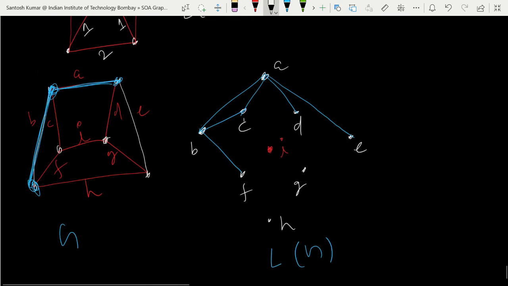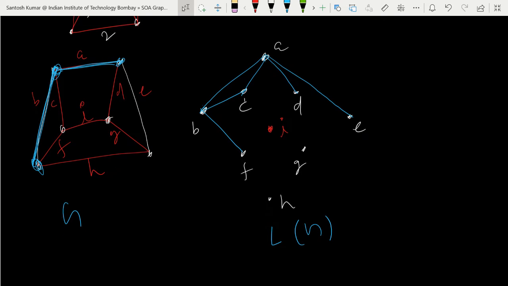So now, for edge A, you can see A is sharing vertices with B, C, D, E only. So that is fine. And now come to B. B is sharing vertices with A, C, F, H.